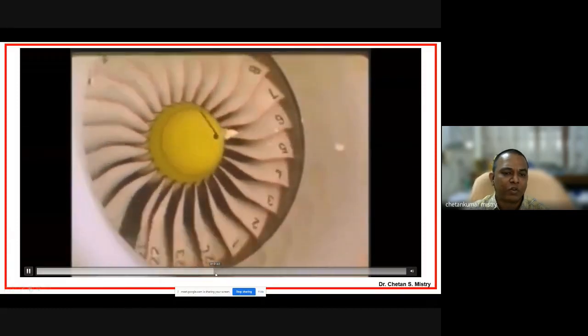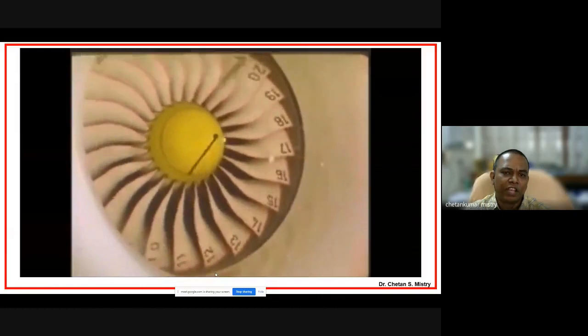You can see this is a bird ingestion. In India also we have such kinds of failures.